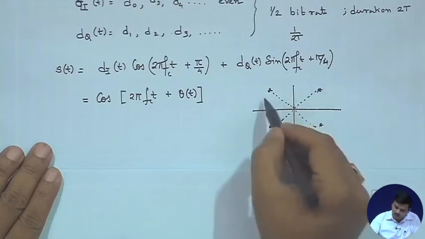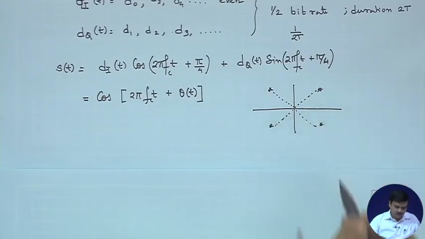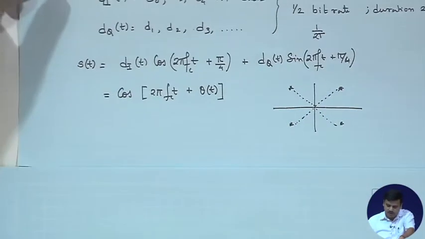So, these are the 4 phases that you have of a cosine. So, you would select any of the 4 phases that you would require for transmission.